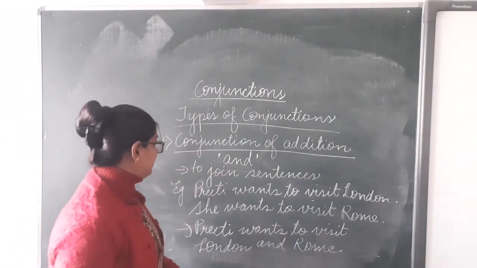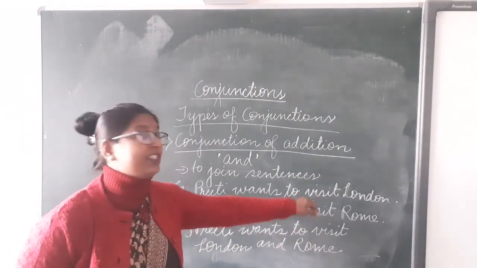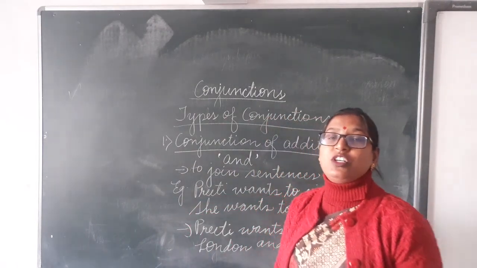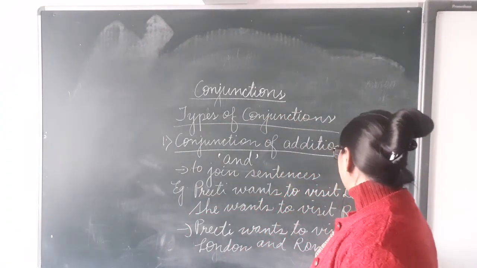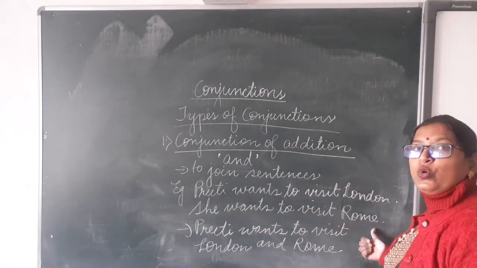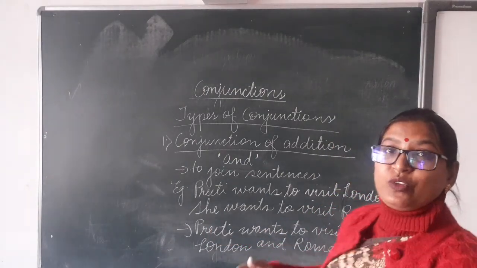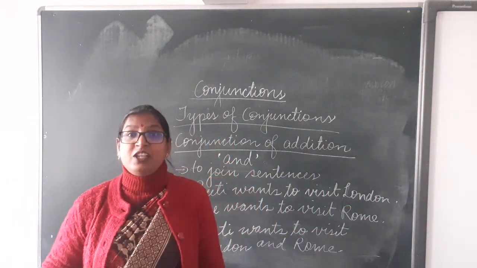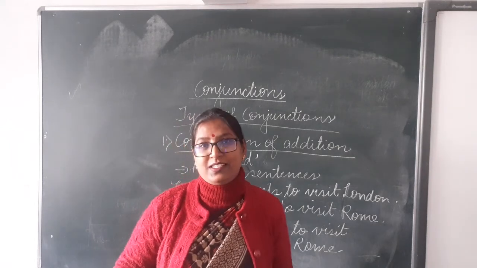Preeti wants to visit London. This is the first sentence. Another one is she wants to visit Rome. We can see here the similar type of sentences. She wants to visit two places.